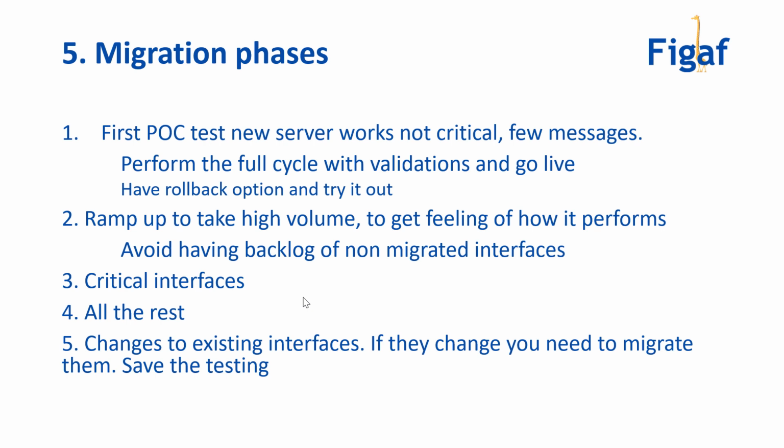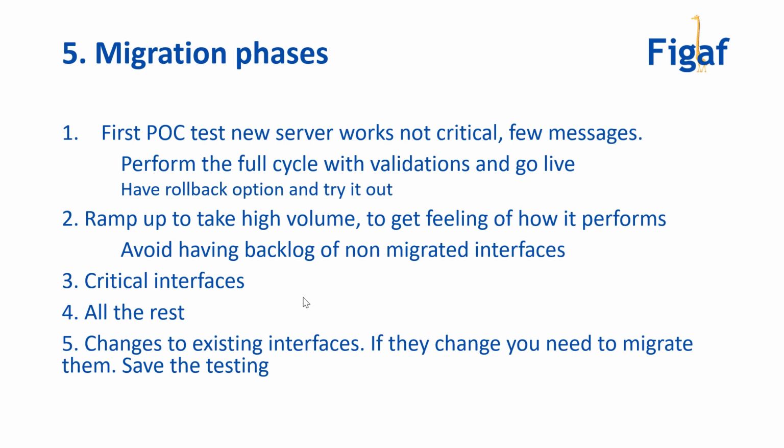So do a proof of concept. This is one of the reasons why we want to figure out what the critical interfaces are, so that you can take some of the non-critical interfaces and say, okay, now we will just move them, and we have a backup plan, we know how to test it. So we can see, okay, we can get all development done through our full new landscape, or however we're doing the migration, and just test that it works.